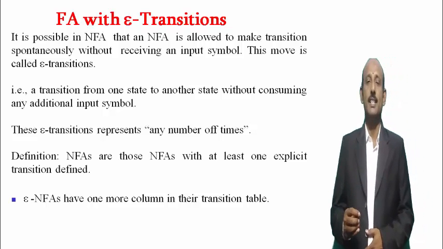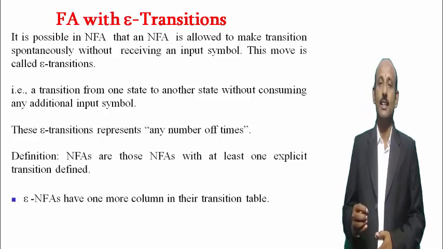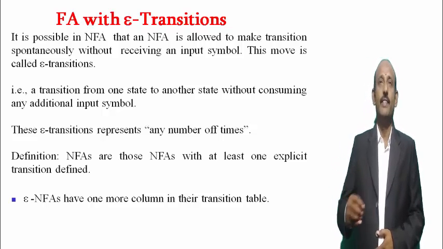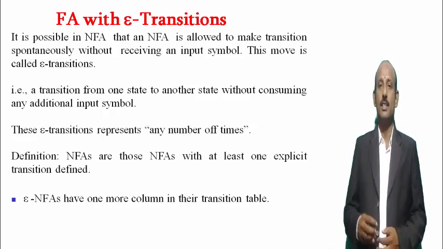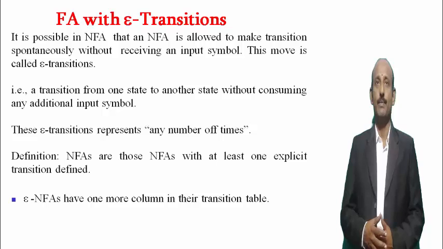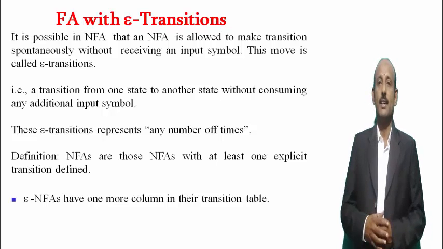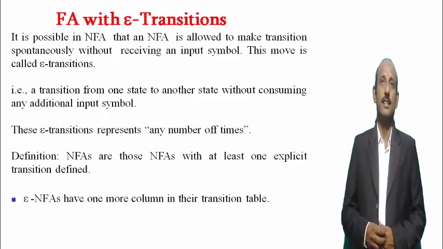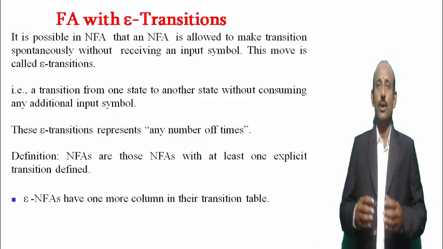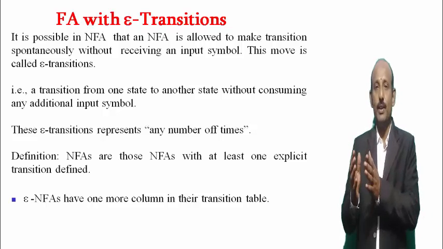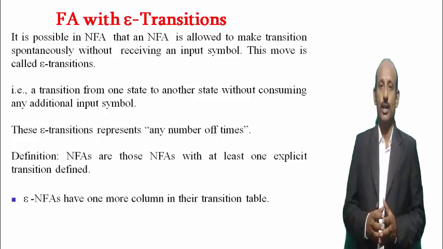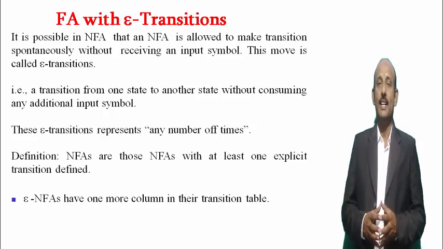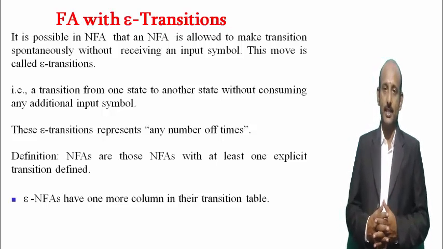It can make the transition from one state into another state without reading any input. We can make these epsilon transitions any number of times. So that is called finite automata with epsilon transitions.